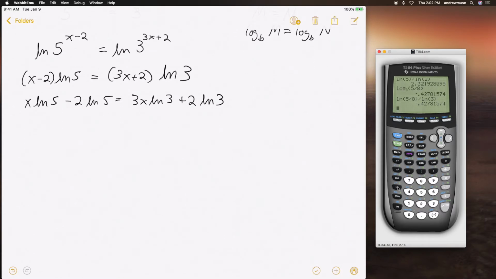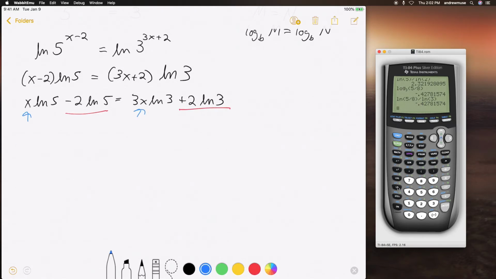Now, look right here. This guy's just a number, this guy's just a number. The only thing that has an x in it is here and here. So I'm going to put those guys on the same side. But everything else was just a number, so let's put those on the same side.